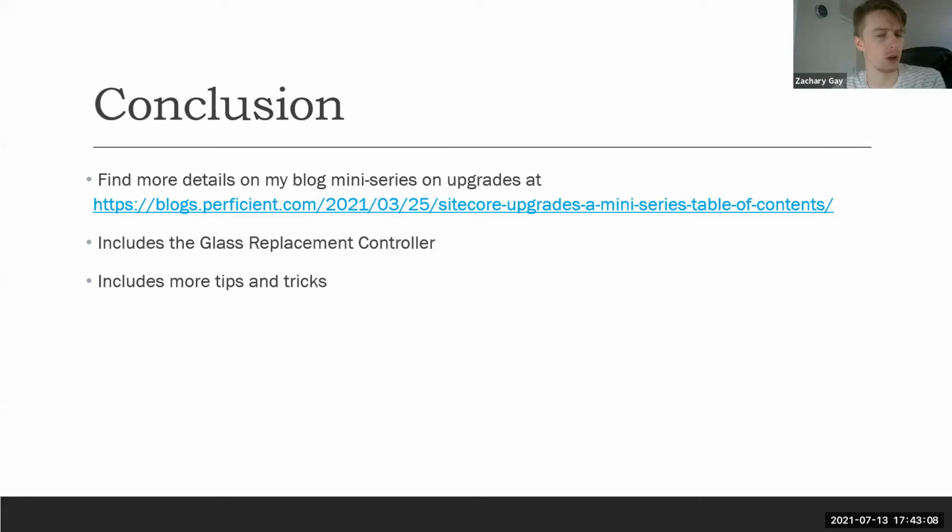I believe there's also a data migrator for XDB data that I personally haven't used. So if anyone on this call has used that, I'd be curious to hear your experiences with it.